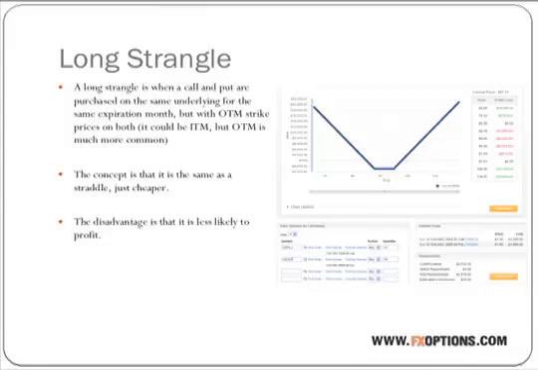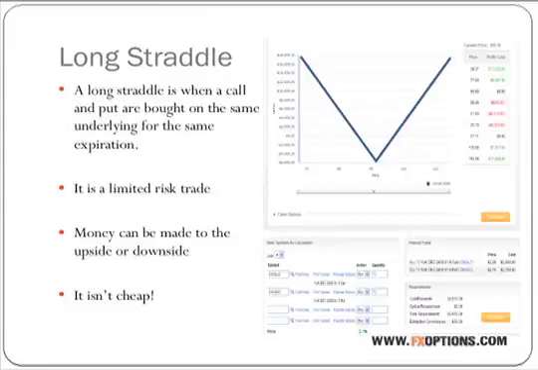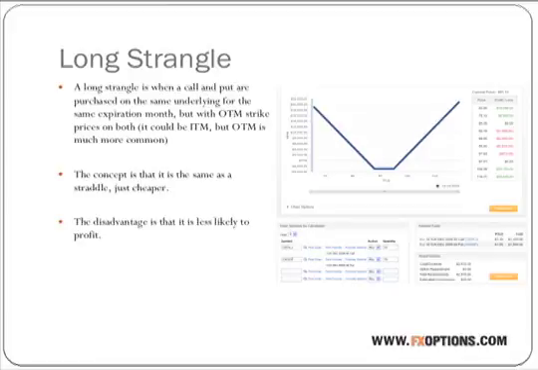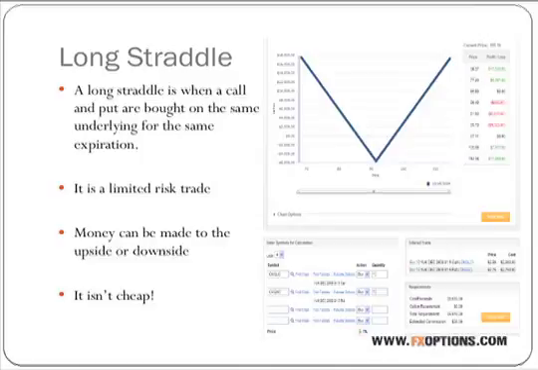On the straddle, I want you to look at that bottom point on the actual graph in the upper right-hand corner. If it just moves a little bit, you start to make money. On the strangle, you have a bigger flat point where you need the market to move for you to start making money.